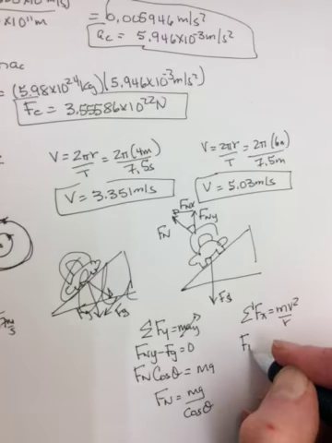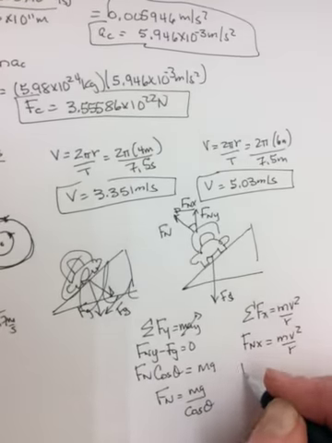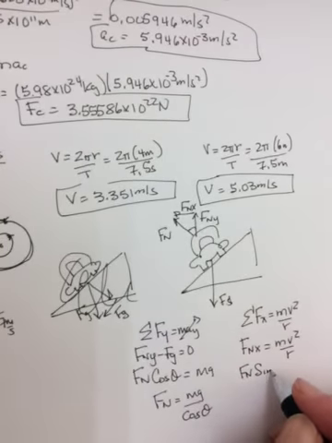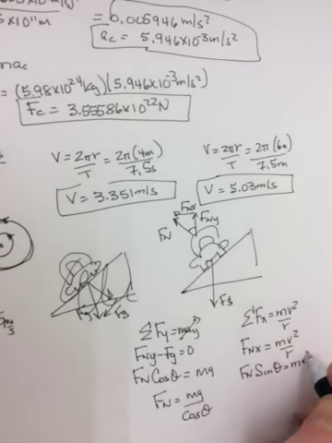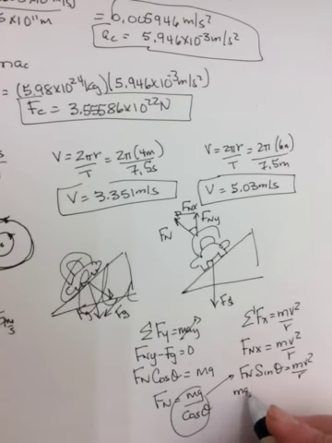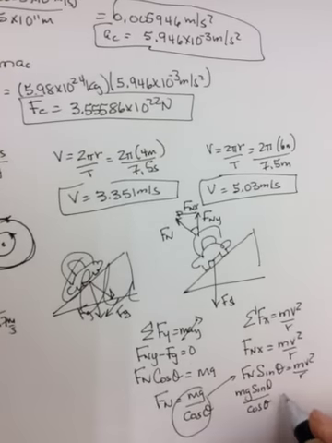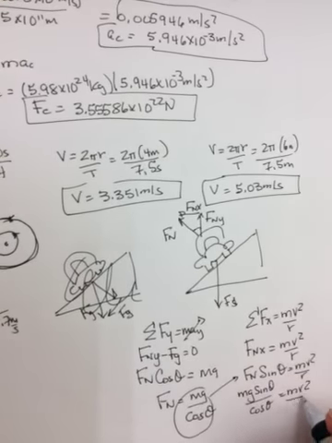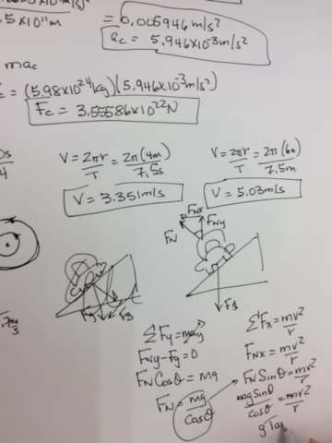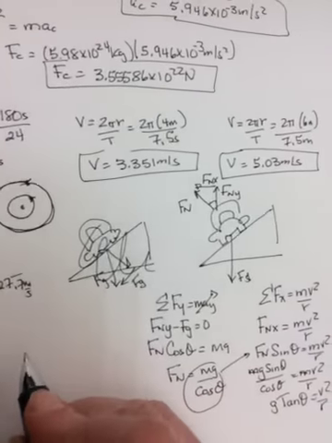And so F_NX is the only one since it's frictionless. And F_NX is really F_N sine theta equal to mv squared over r. Where your F_N is, fill this in. So mg sine theta over cos theta is equal to mv squared over r. The m's are going to cancel. This becomes g tan theta is equal to v squared over r, and you're solving for theta.